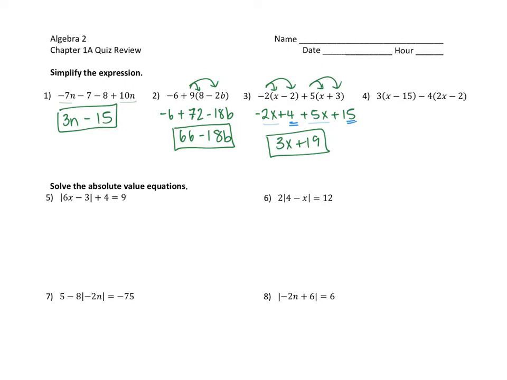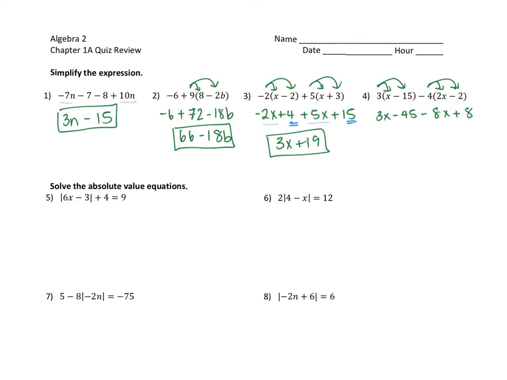And that is it. Let me double check there. Yeah, 4 plus 15, 19. All right, next thing we have is, again, similar to number 3, we're going to have to distribute the 3 and the -4. Make sure you distribute that negative with that 4. So we have 3x minus 45 minus 8x plus, let's see, 4 times 2 is another 8, so +8, since there are two negatives here, so we get a positive.